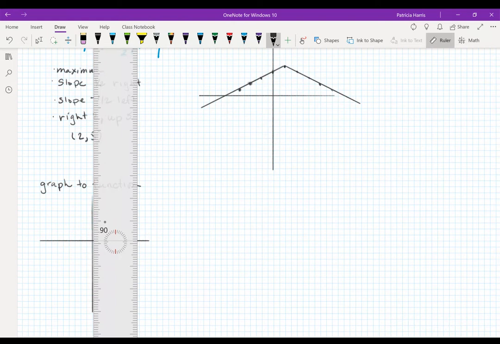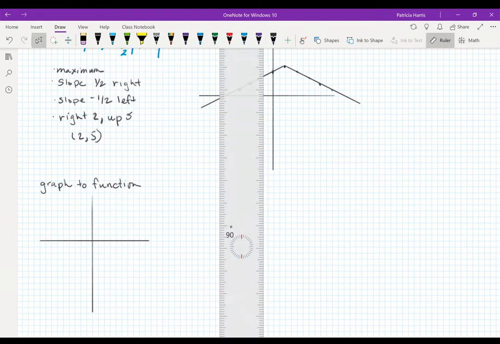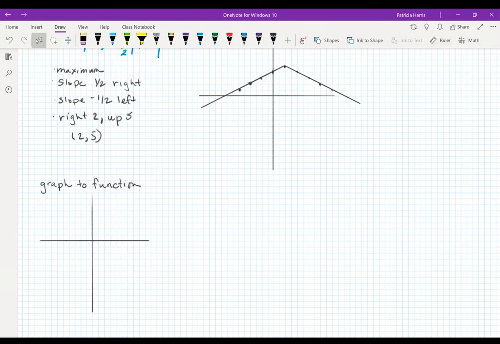So let's make my picture look like this. A little bit free-handed, but it doesn't look too bad.